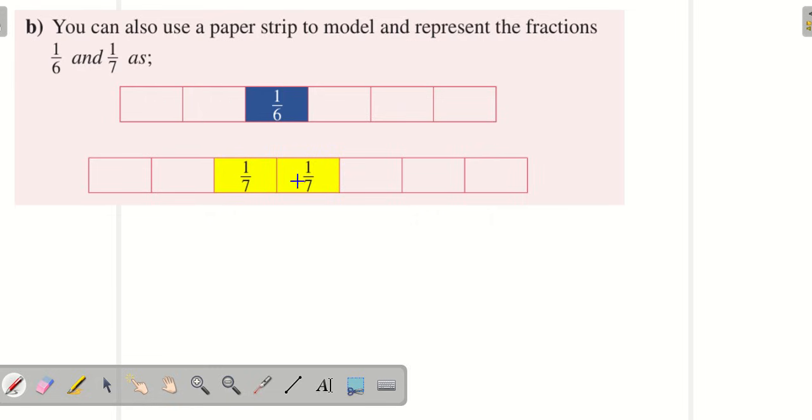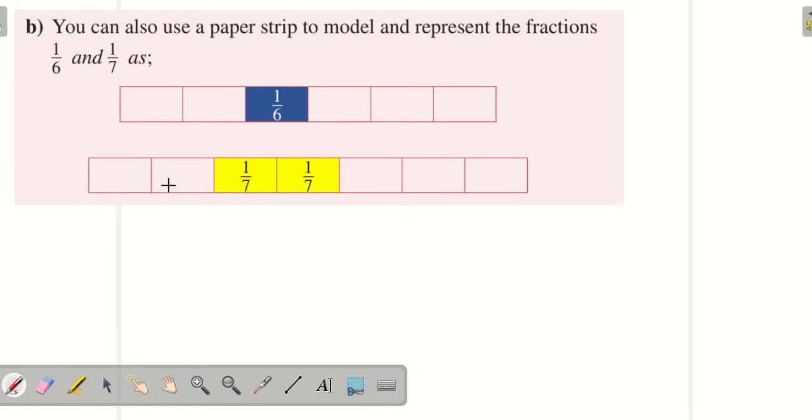So here, one of the rectangles is 1/6 because the entire rectangle has been divided into 6. So the shaded region there is just 1/6 of the rectangle. Let's look at this one.